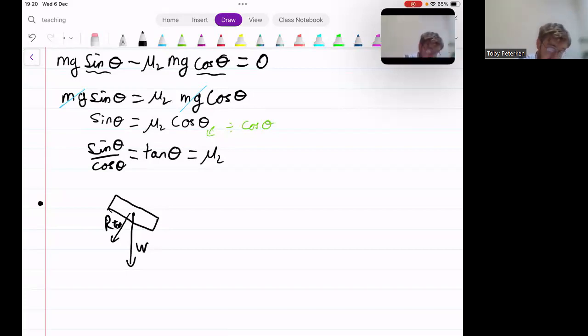So it's got its own weight pulling it down, the reaction force from the top book, its own friction between it and the ramp, and its own reaction force holding it up from the ramp. And then there's also friction from the top book, which the top book is sliding down. The friction from the top book is going to act in this direction.